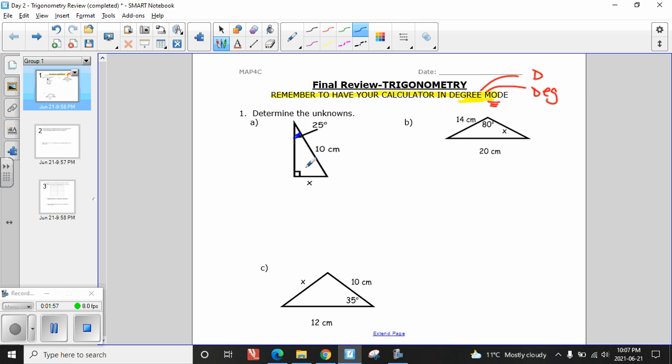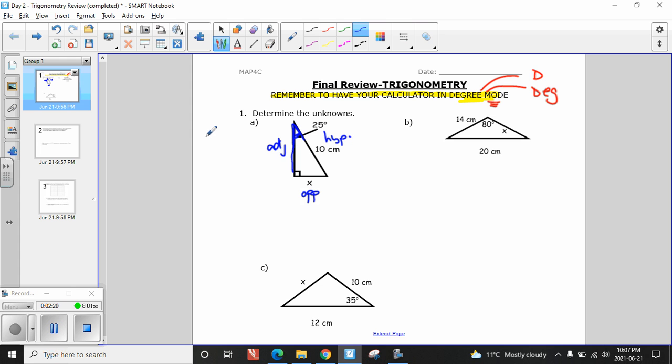Across the triangle from the given angle is the opposite side. This side would be called the adjacent side, the one that's touching the angle, and the hypotenuse is the other one. So we start out by labeling the names of the sides just to make sure we don't mix them up in the wrong order.